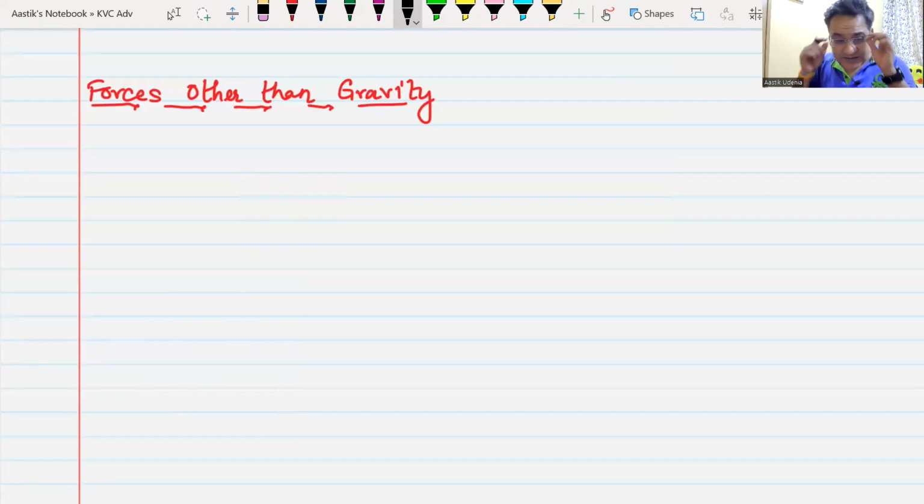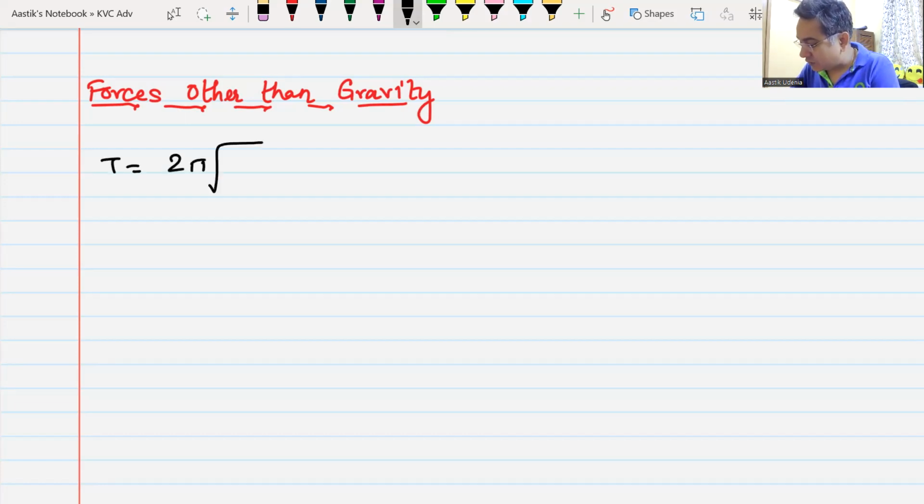Okay. Now, sometimes you might have, apart from gravity, other forces acting on this pendulum. In that case, what will we do? The concept remains the same, but remember, now we are not talking about an accelerated frame. We are talking about other forces acting on it.